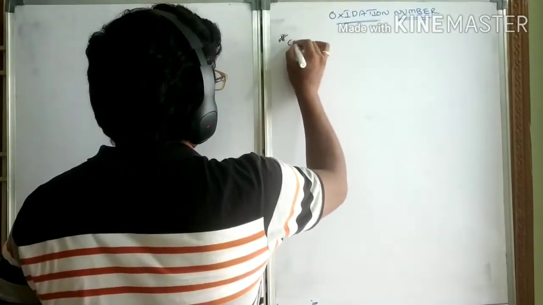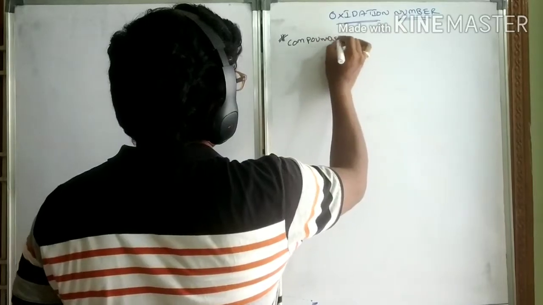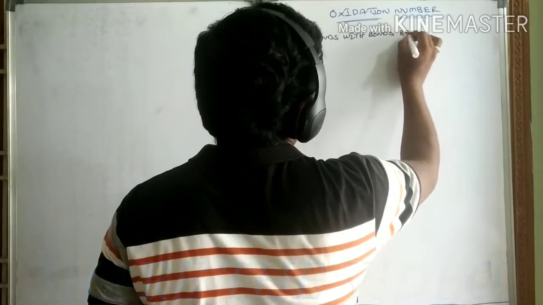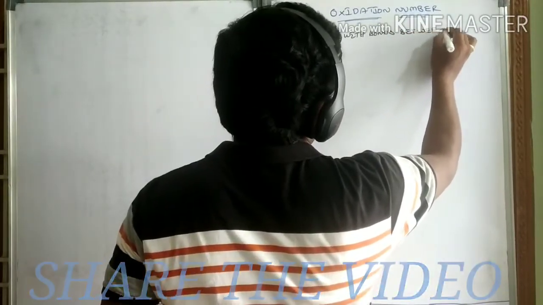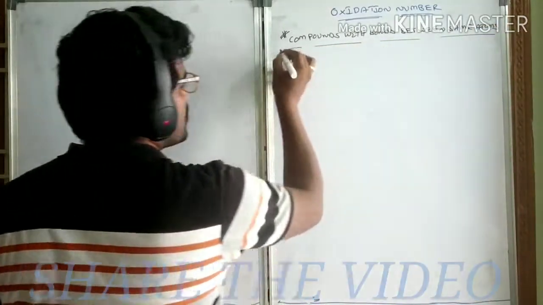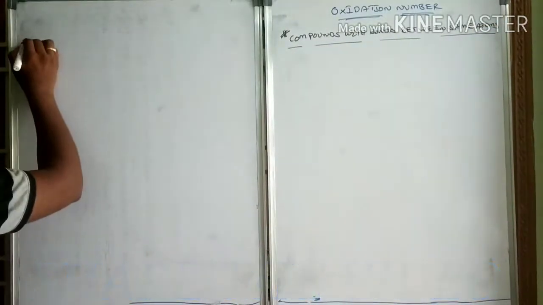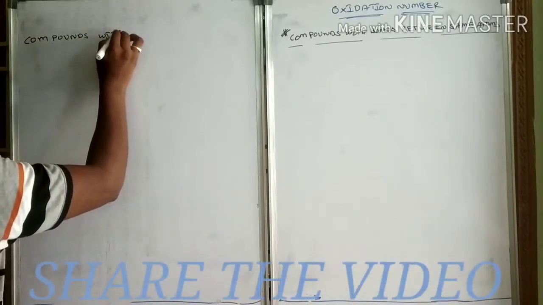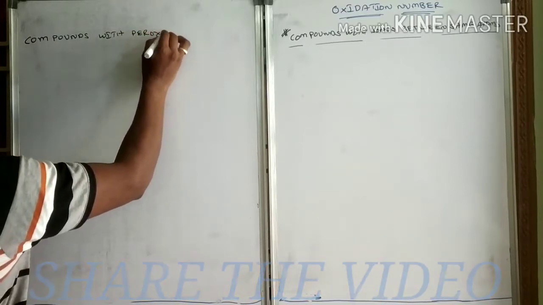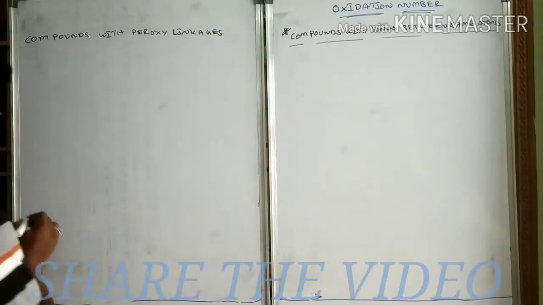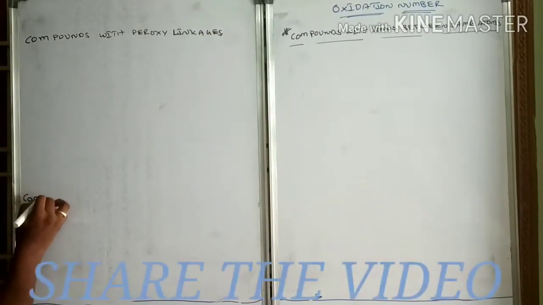Exceptional compounds means compounds with bonds between same atoms. This is one kind of exceptional compound, and the other types are compounds with peroxide linkages and complex compounds.